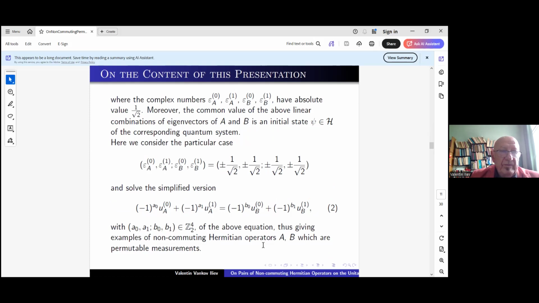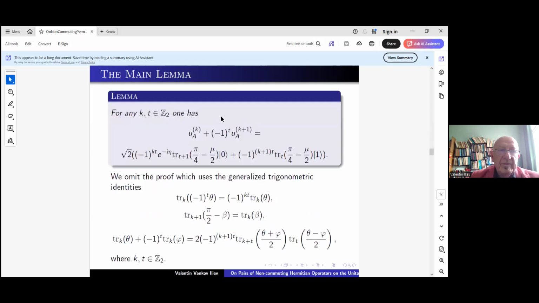And they'll give you examples of non-commuting Hermitian operators, which are permutable measurements. And this is a fundamental lemma that allows us to calculate some expressions in general.